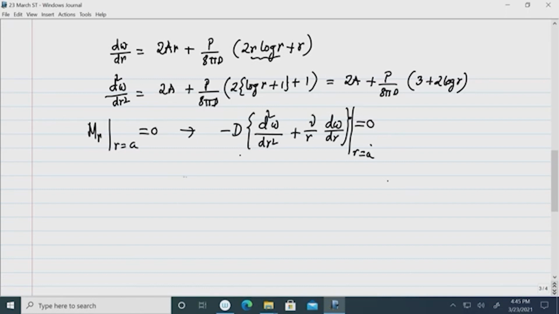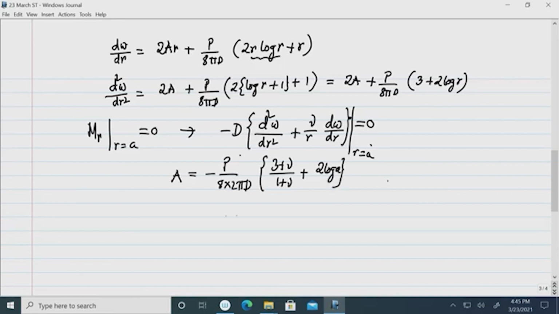So, from that condition we get directly the expression for A as minus P by 8 into 2 pi D, because 2 is there in the coefficient of this A. So, we will get in the denominator the factor 2 into 3 plus mu, 1 plus mu, plus 2 log a.